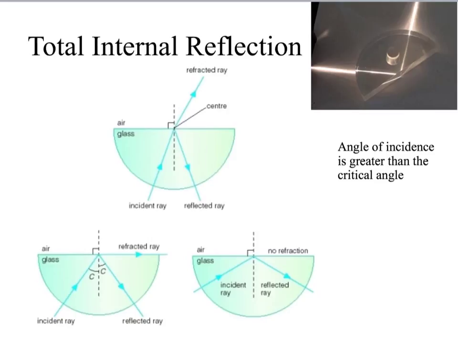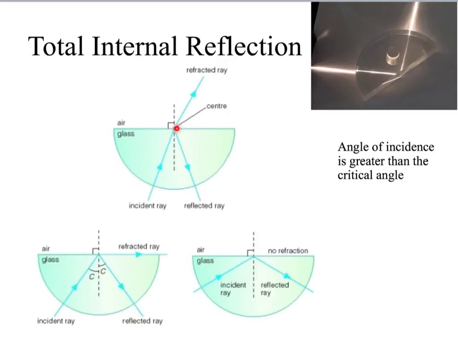Let's look at this diagram here. In this diagram, we've got a ray of light being shone into a glass block. We're going to look at this point here, the interface between the air and the glass, this point at the edge of the glass block.